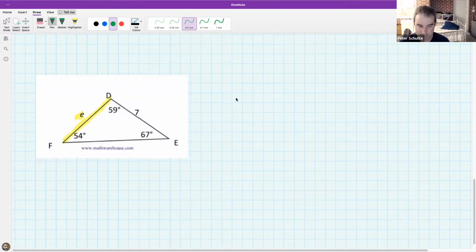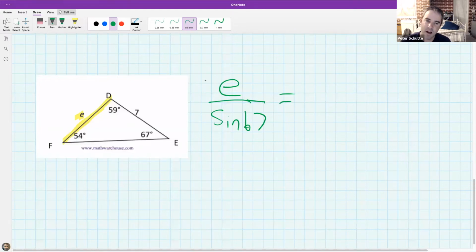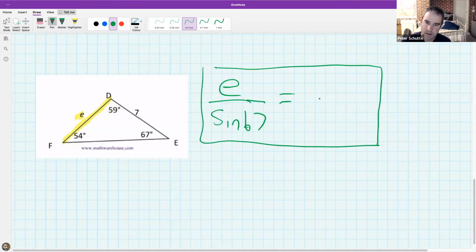I'm going to give you a hint for this one. I'm going to go halfway. You start by writing E divided by the sine of 67. So that's going to start you off. Now, I want you to see, can you fill out the two spots over here?